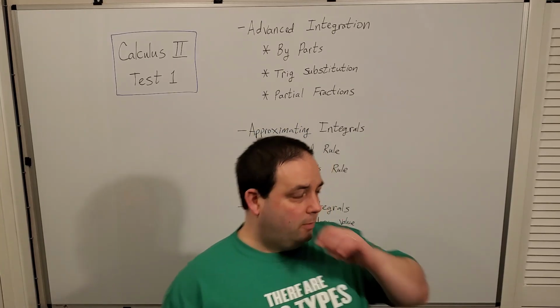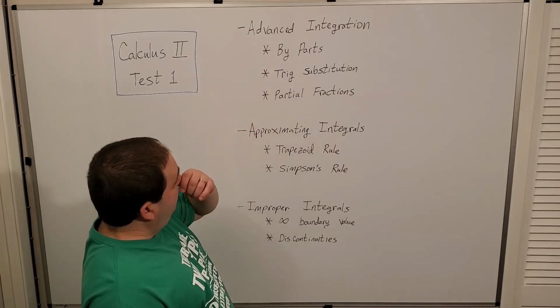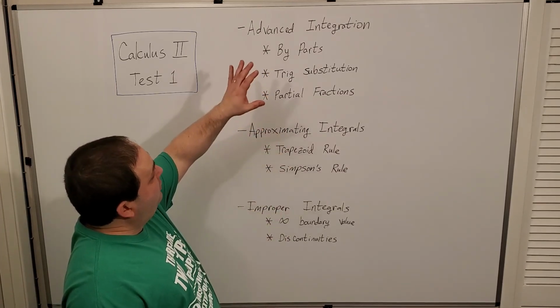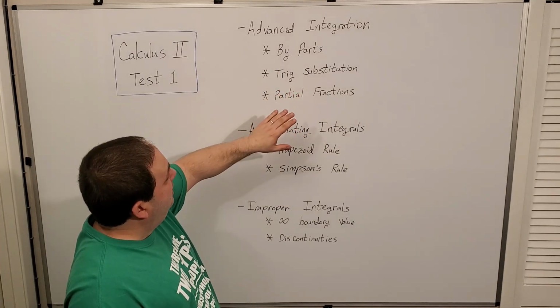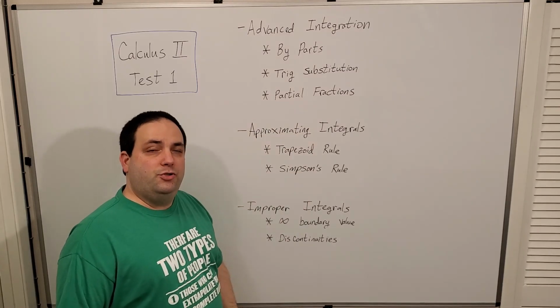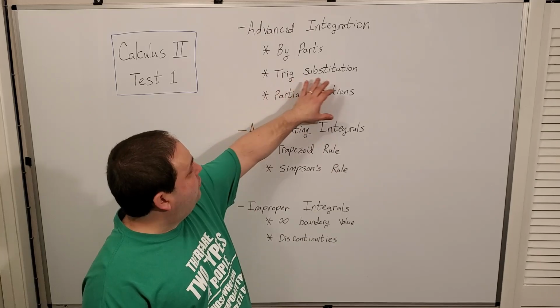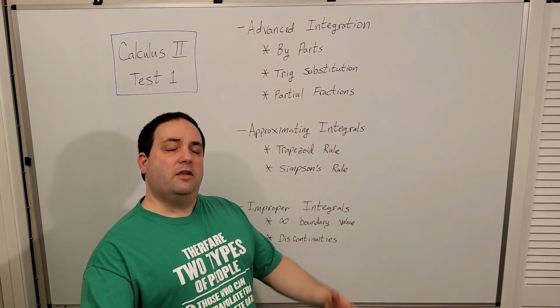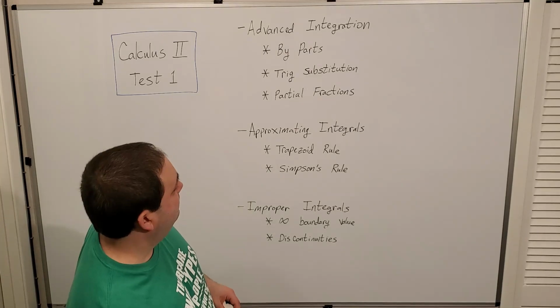The topics on this first unit are all of the advanced integration techniques: integration by parts, integration using trigonometric substitution, and integration that requires you to split up fractions with the partial fractions method. Along with the trigonometric substitution, there are a lot of advanced trigonometric integrals, so some of those come in as well.